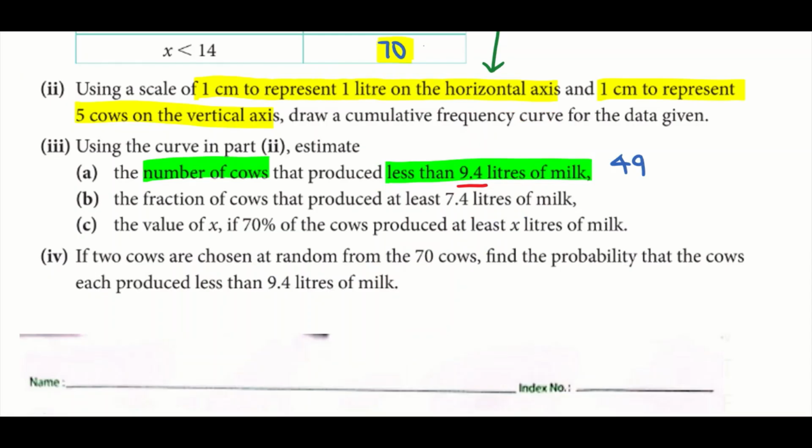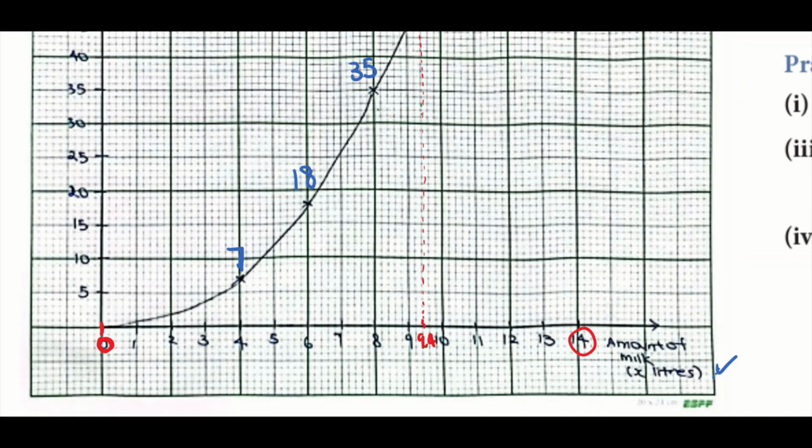Find the fraction of cows that produce at least 7.4 liters of milk. I will go back to my curve to check it out. I spot 7.4 liters here, dot all the way up to the curve, and dot to the left. At this point, this is 29 cows.